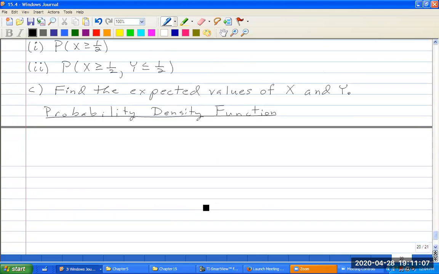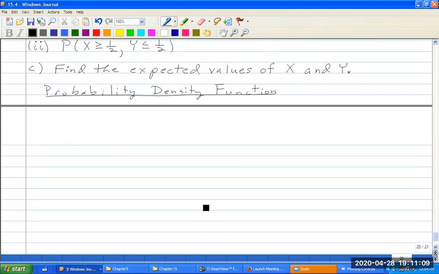So let's do this. Let's show that this is a probability density function. To show this is a probability density function, I just want to show that if I integrate this everywhere, maybe I'll denote it this way, I get that this should equal 1. Okay?